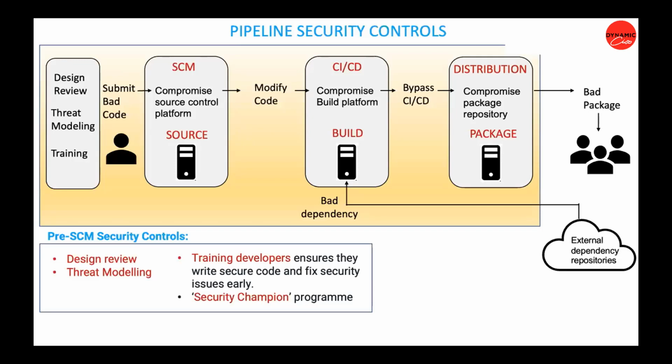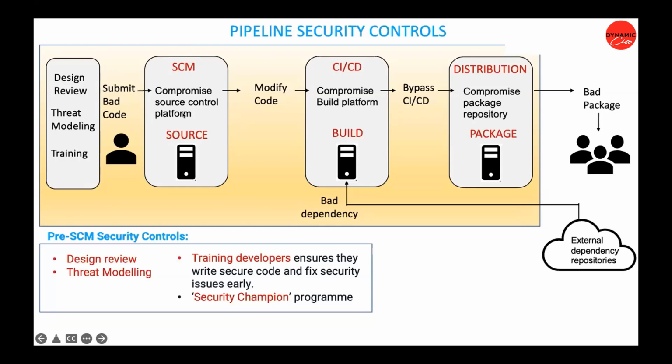Now, what is this pipeline thing? Right at the outer end of the pipeline is the software. The DevSecOps security team should be involved with the dev team to do a design review of the software that's going to be produced by the supplier. Then based on that, do threat modeling, which will give you an idea where attacks can come up, and where the vulnerabilities that could be introduced by this software are. And then training. These are three things out here. SCM stands for Source Code Management platform.